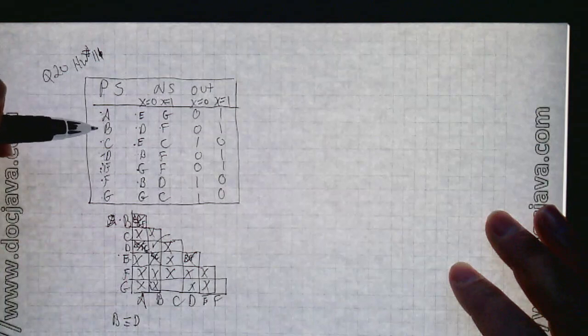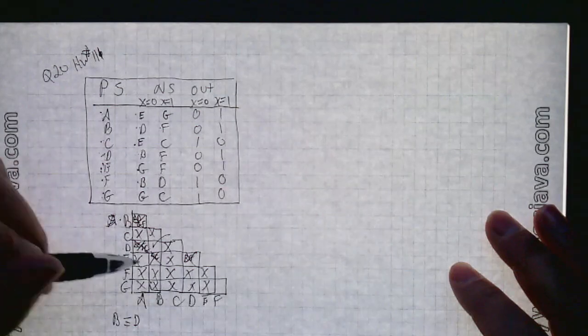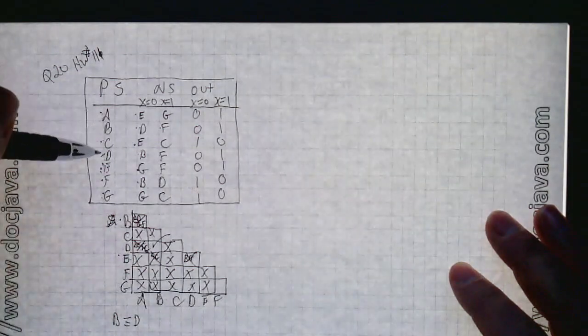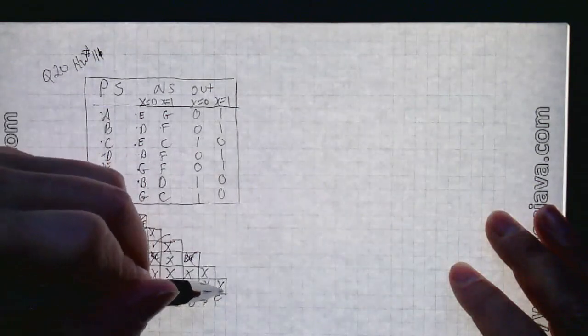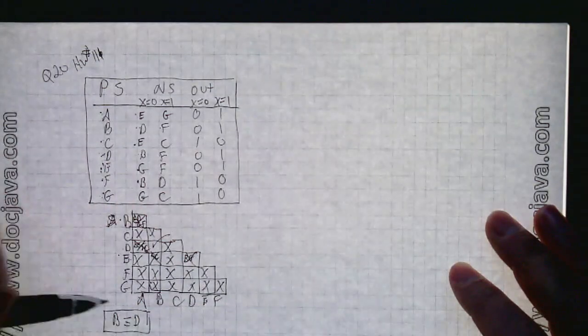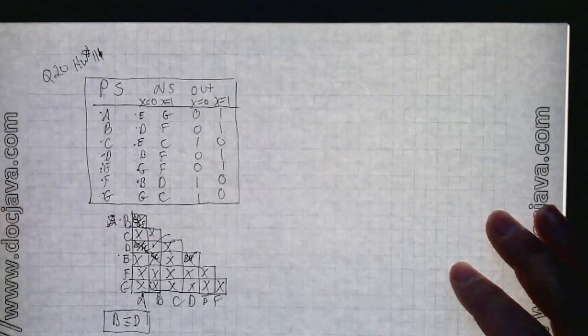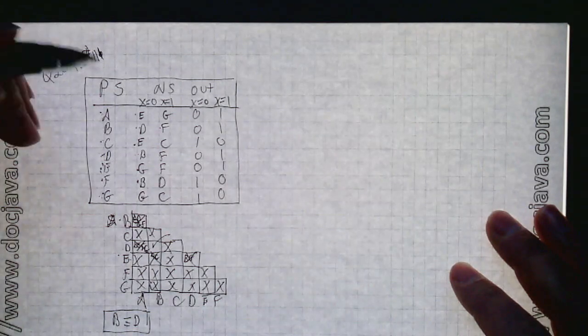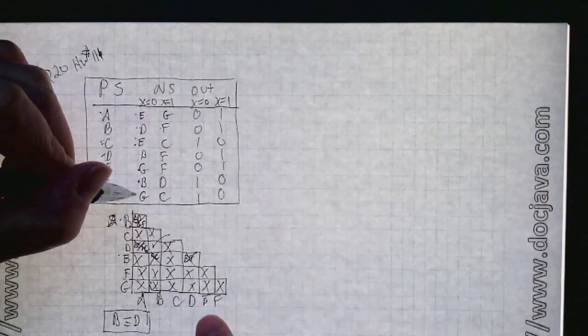C is equal to G if E is equal to G, but we know it's not. F is equal to G if B is equal to G, and we know it's not. So the only reduction we have is that B equals D. Let's go back and take a look at C and G. So C is equal to G if E is equal to G, and we know it's not.